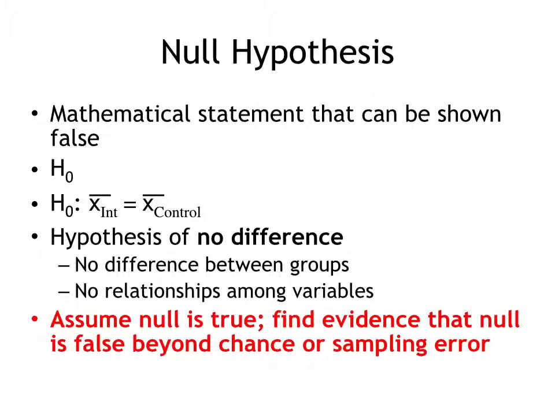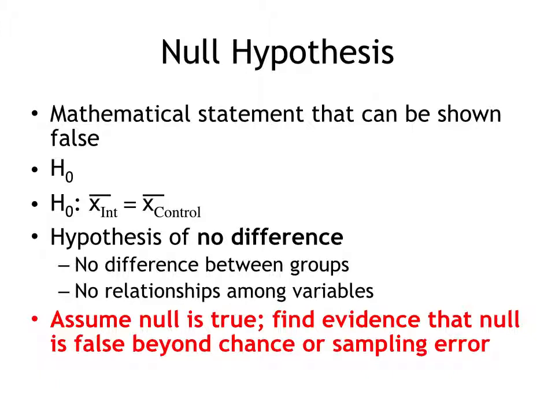I want to show with confidence that the intervention group's mean does not equal the control group's mean. The null hypothesis is sometimes called the hypothesis of no difference, because what it's saying is there's no difference between the groups. There's no difference between the intervention group and the control group. Obviously, that's why I'm doing the analyses. I want to show that that's false.